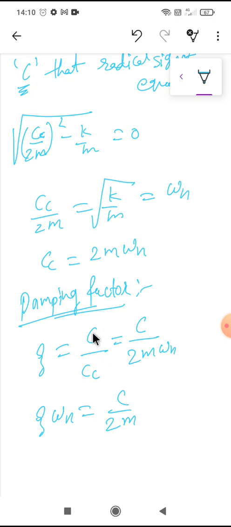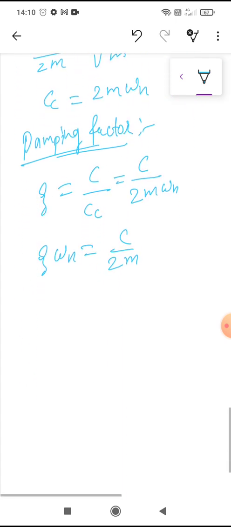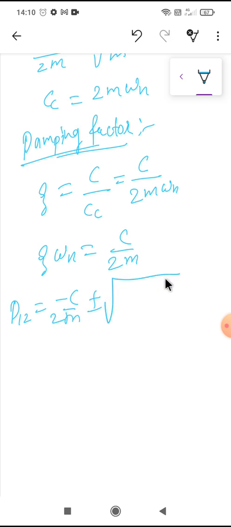So in our previous equation, here there is a C by 2m, here there is C by 2m, and here is k by m. So here we will use this equation directly. So what will our solution d12 be? d12 can be written as minus C by 2m plus or minus the square root of (C by 2m) whole square minus k by m.